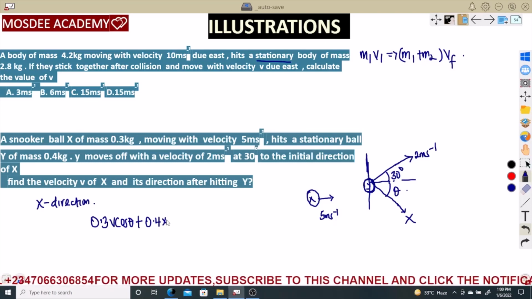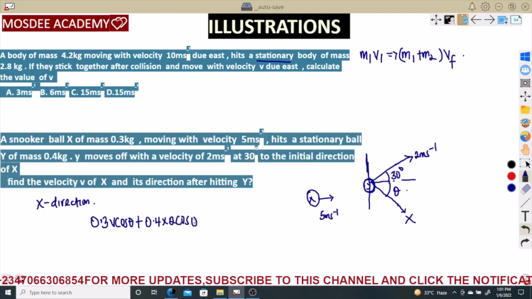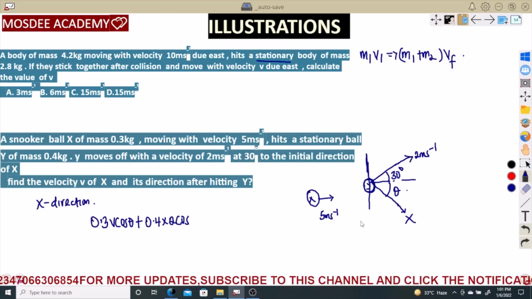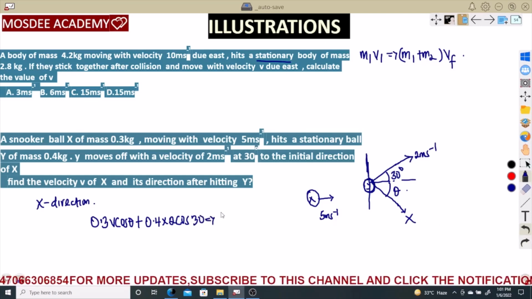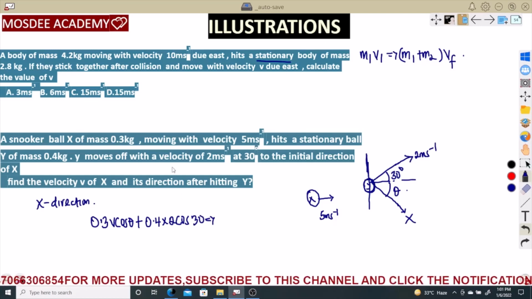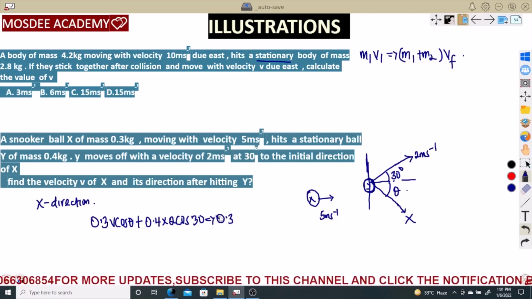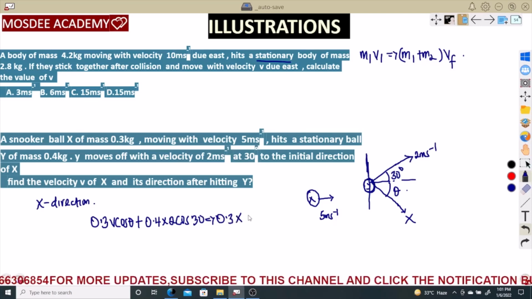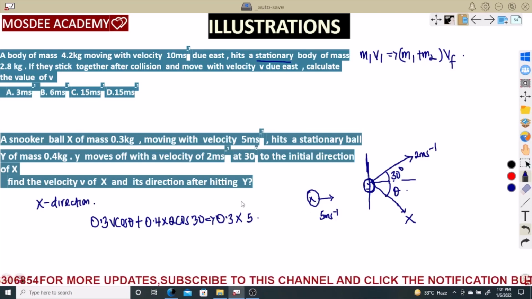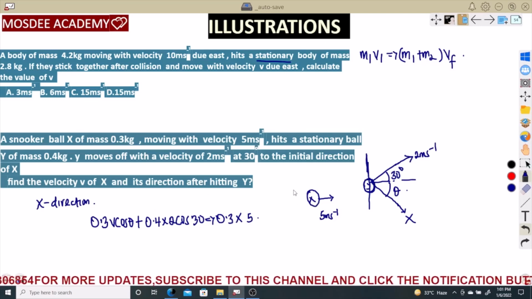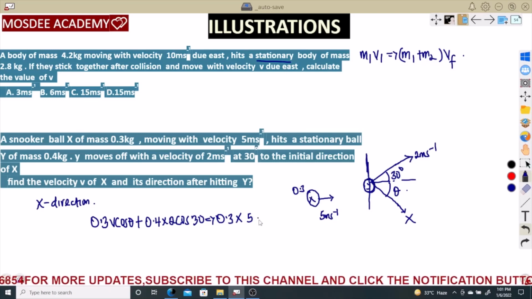We're told the speed is 2, and the angle was given, so 2 cos 30, must be equal to the initial momentum. Before collision, this is 0.3 times 5, equals after collision. 0.3 is the mass of this one, which collides with this. This was stationary, so plus 0. That's why I'm not adding a 0.